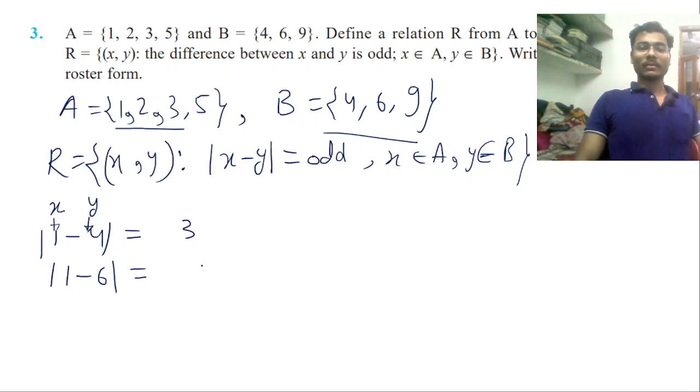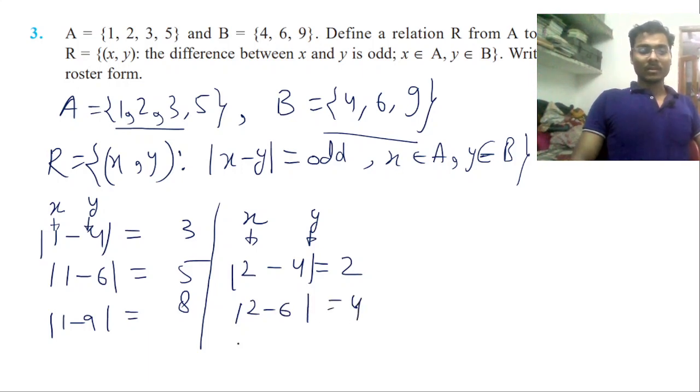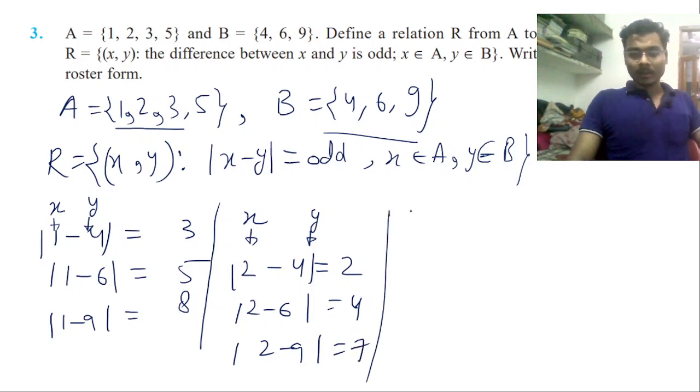Next column: x we will take and y we will take here. Then we have 2 minus 4, which is 2, then 2 minus 6, which is 4, and 2 minus 9, which is 7. Next x and y we will take separately.